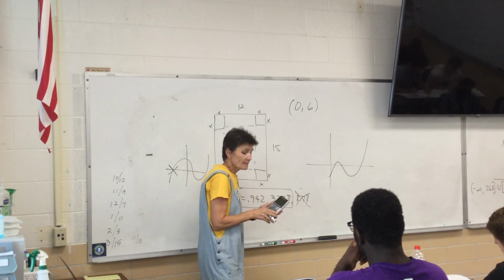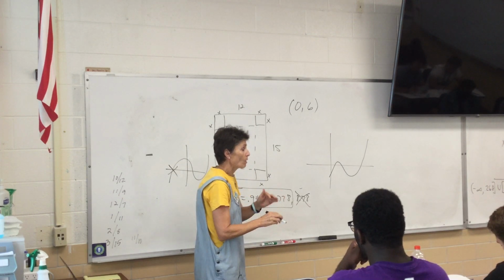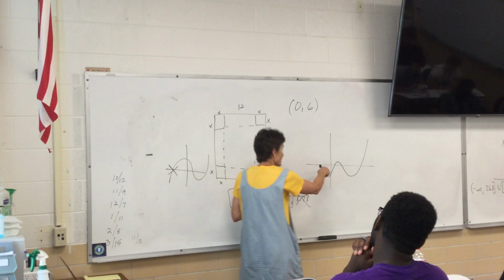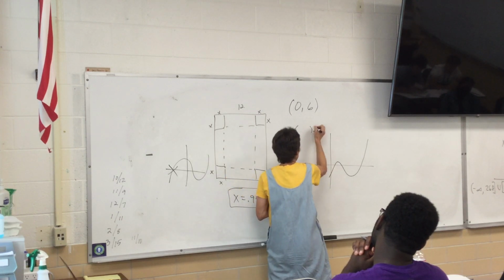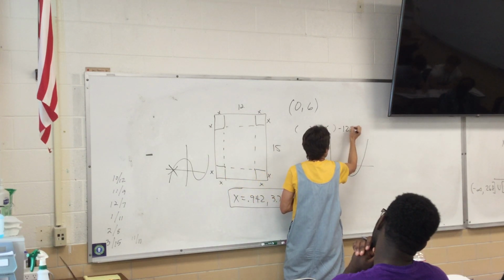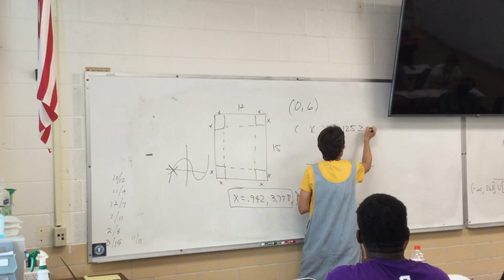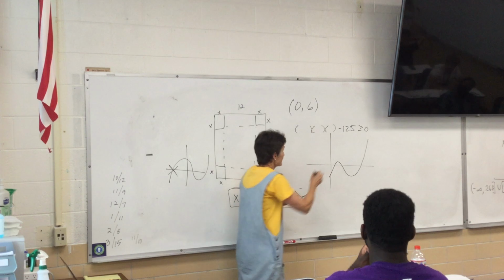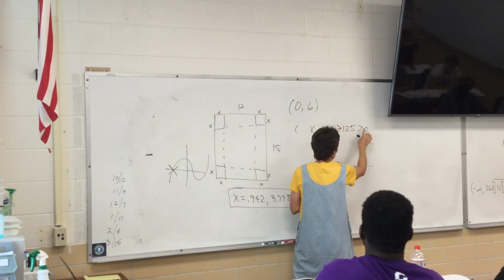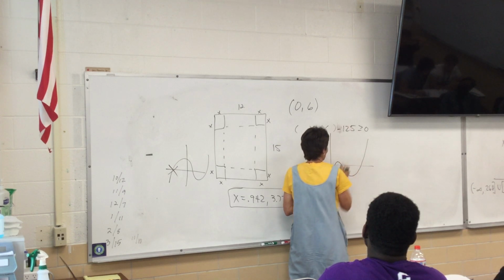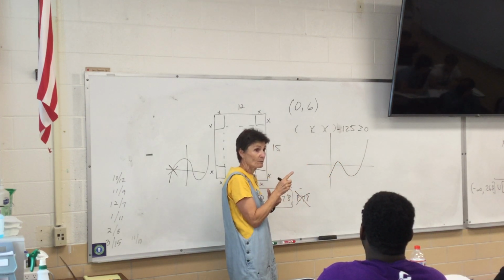Now, where is that more than 125? Keep in mind that the equation I put in was all that stuff minus 125, and that needs to be bigger than 0. Because it was bigger than 125 before, so when I subtracted 125, now I'm looking for where it's bigger than 0. Would you agree with me?